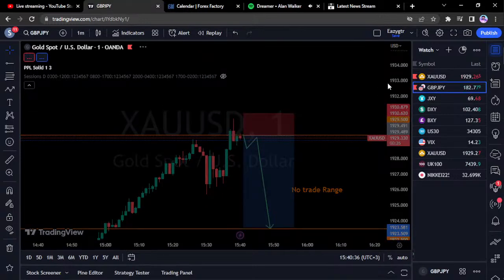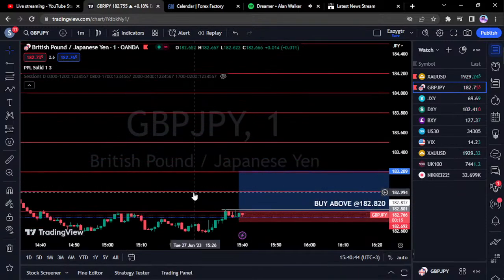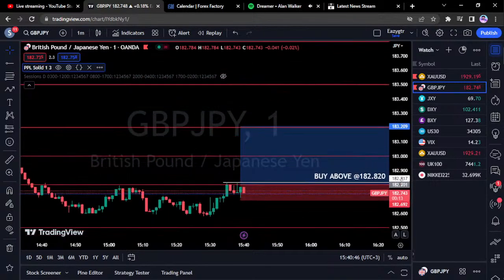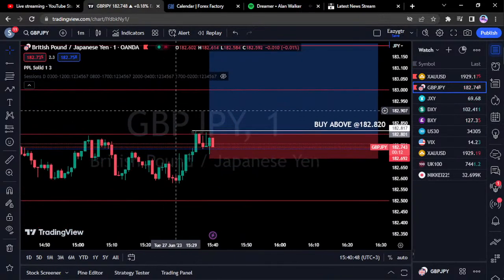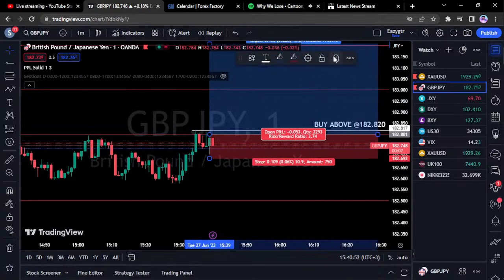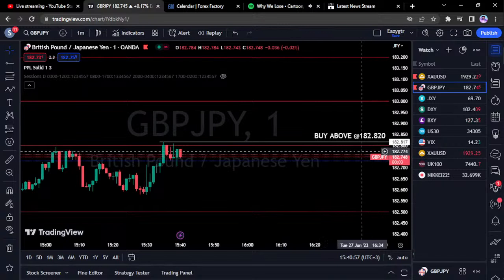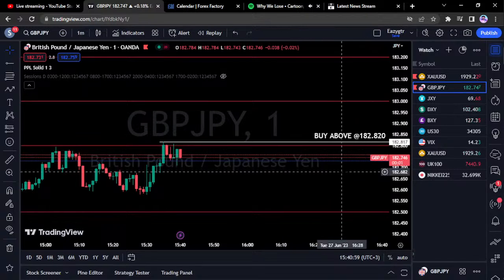So let us also look at GJ. We're still waiting for that flip and the break above 182.820. So right now no trades on GJ until we break above 182.820.